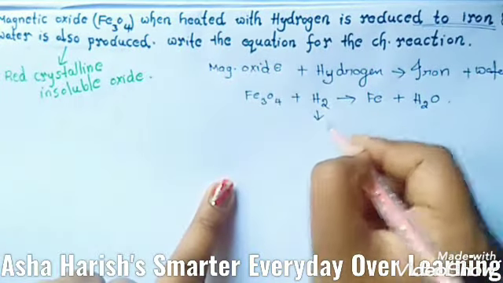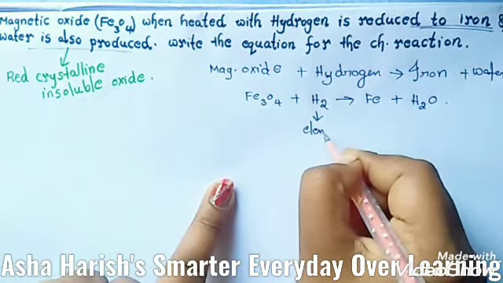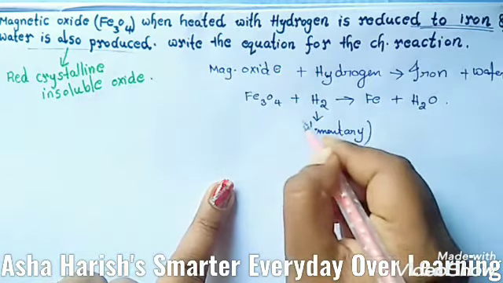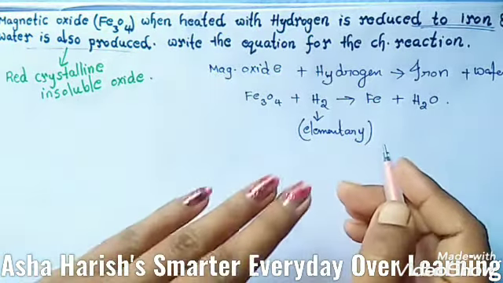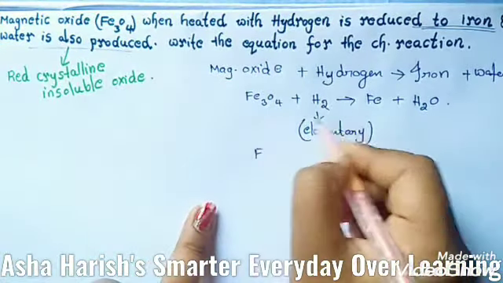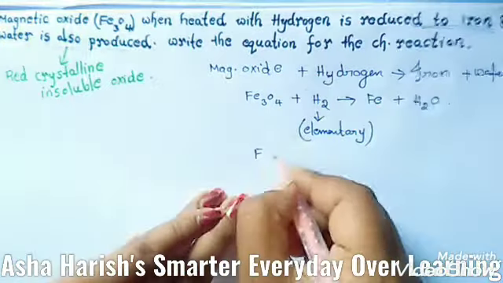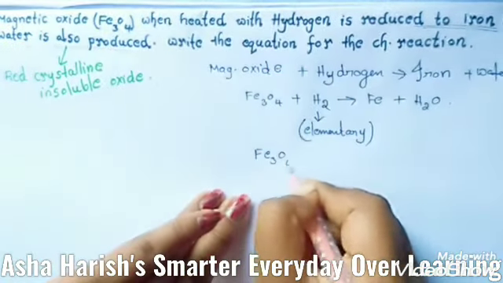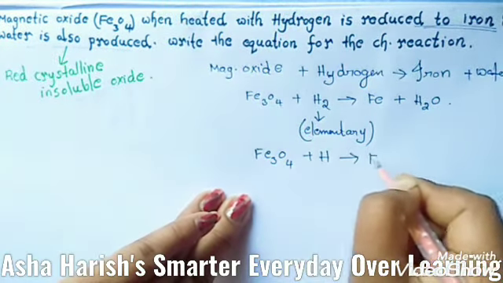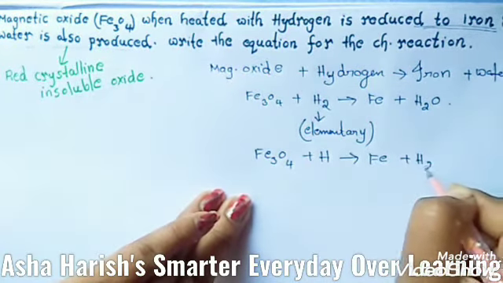This is a diatomic molecule, and it is taken in the atomic state. If you take this diatomic molecule in the atomic state only, then you can write like this: Fe3O4 plus only H gives rise to Fe plus H2O.